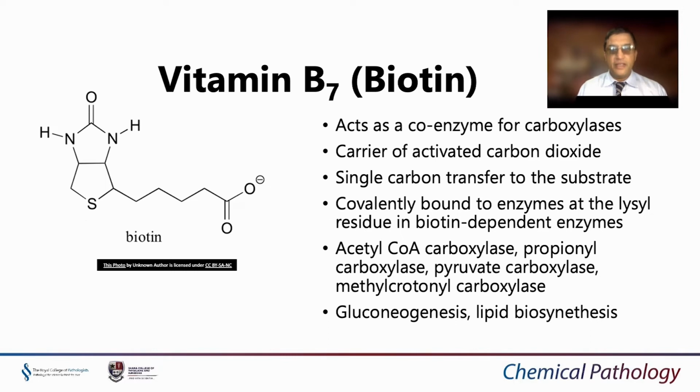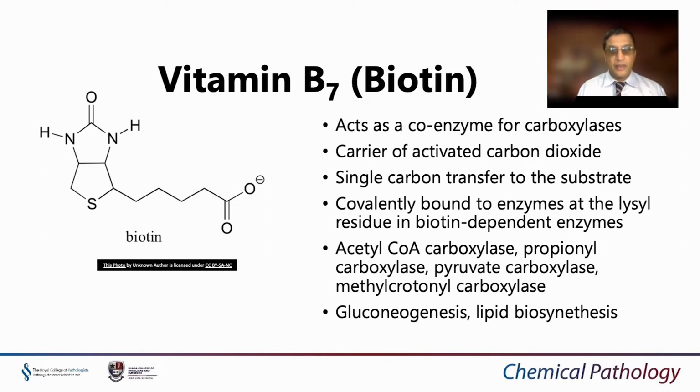The B7 vitamin biotin is important as a coenzyme for carboxylase enzymes. It carries activated carbon dioxide and then performs single carbon transfers to substrates. It is covalently bound to enzymes at the lysine residue in the specific biotin-dependent enzymes.